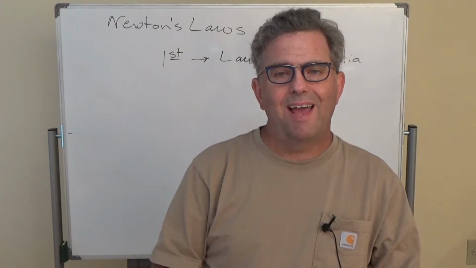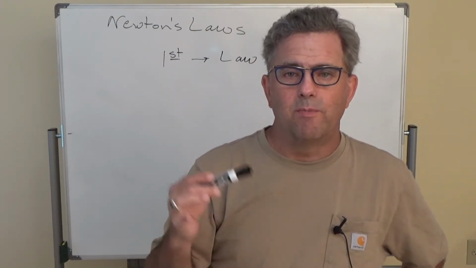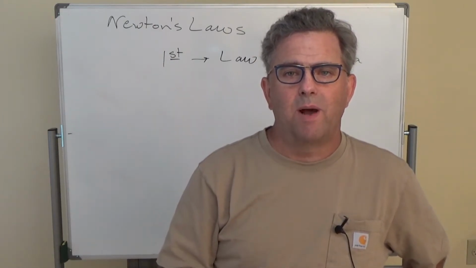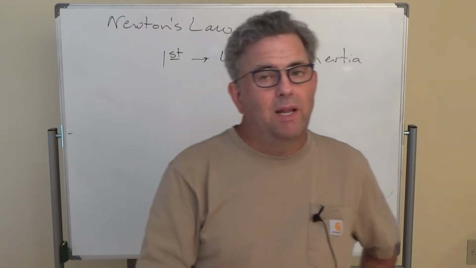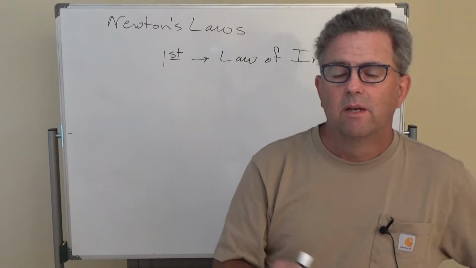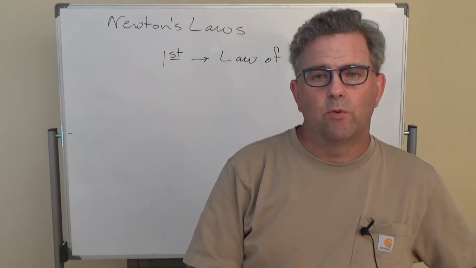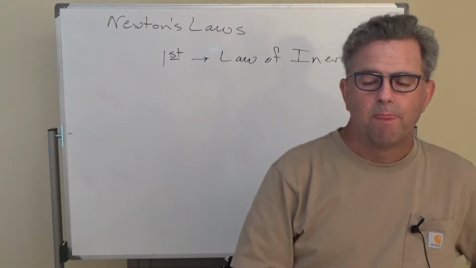So it says that an object's velocity remains constant unless acted on by some external force. That's just another way to say it, meaning just what you said. An object at rest remains at rest. An object in uniform motion remains in that uniform motion. Okay, that's Newton's first law.